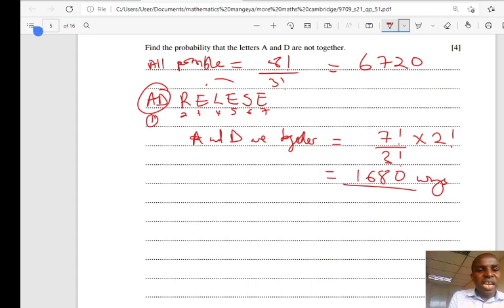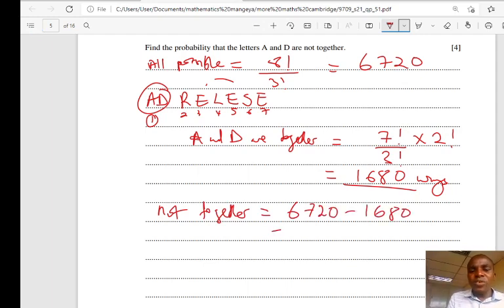Then not together, you say total ways, which is 6720, minus the number of ways that they are together. Then you get 6720 minus 1680, which is 5040.